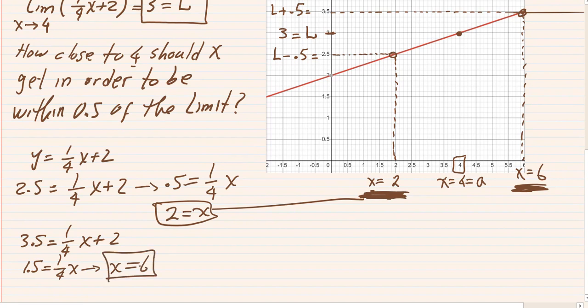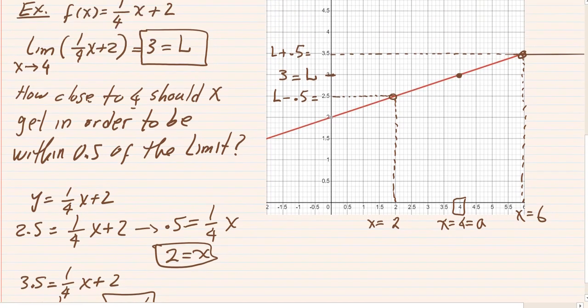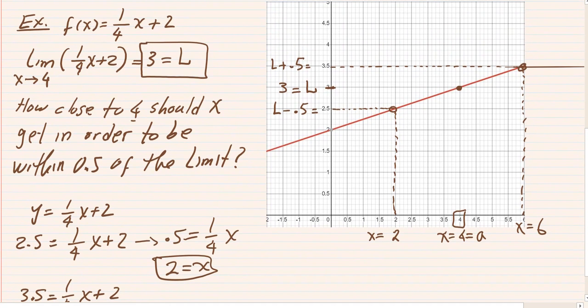So you can actually find these numbers this way, the 2 and the 6. Okay, now this is all we really want to do in this section. I know I'm oversimplifying this, trust me, because the precise definition we use later on to prove the limit is a value. So right now the way I'm doing it is different than the way we'll do it later. Later the question is going to be like this.